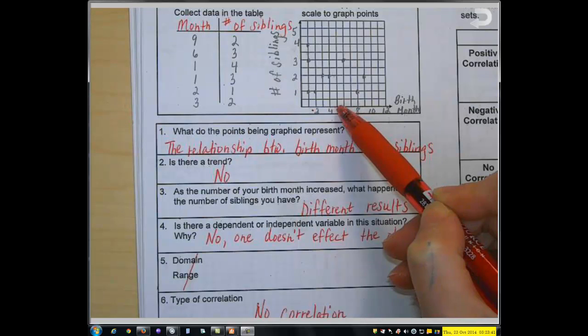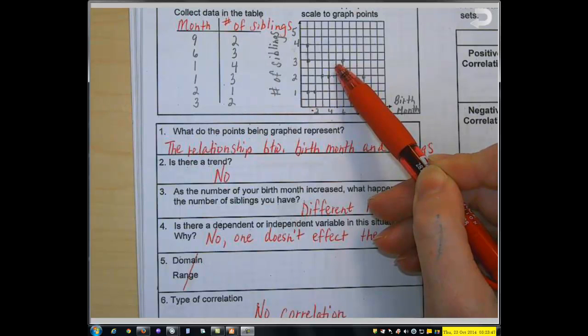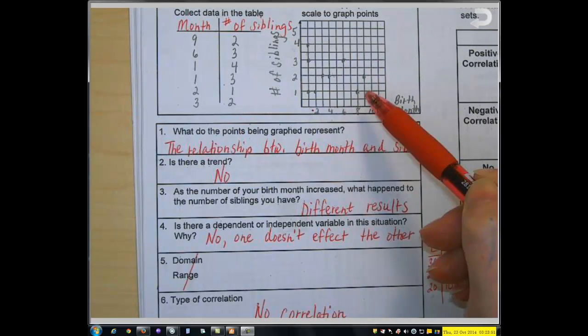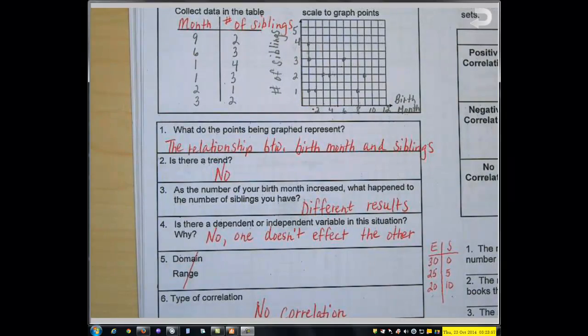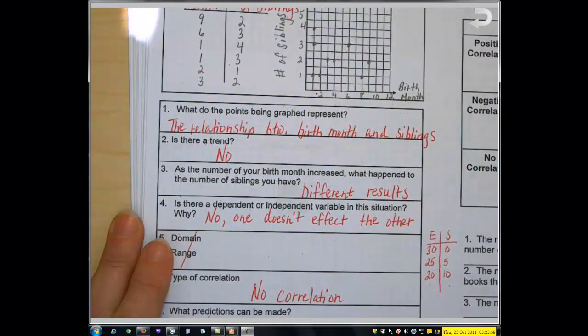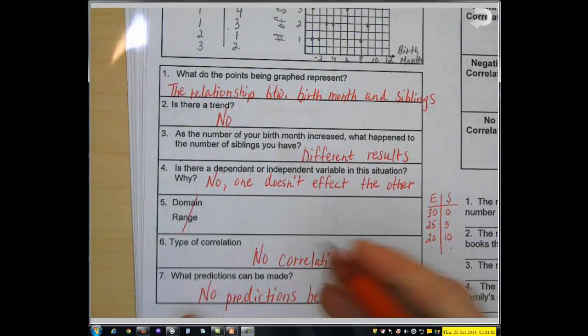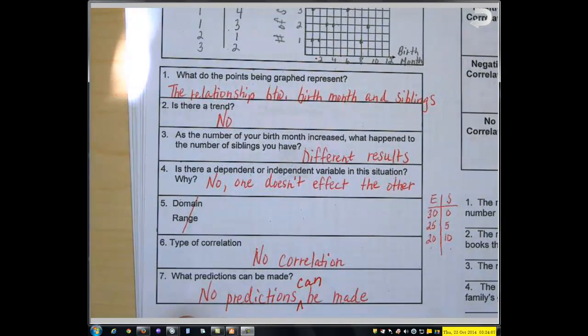I say, okay, well, maybe it should be greater than the number of siblings in April. Or, well, maybe it should be less than the number of siblings of someone born in August. This just isn't making any sense. I really cannot make any predictions from this graph. So we're going to say no predictions can be made.